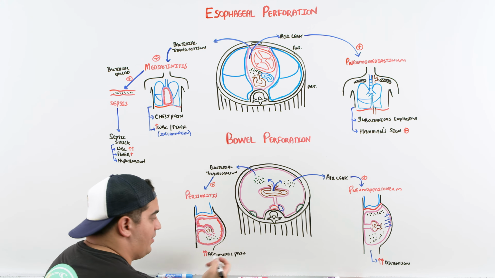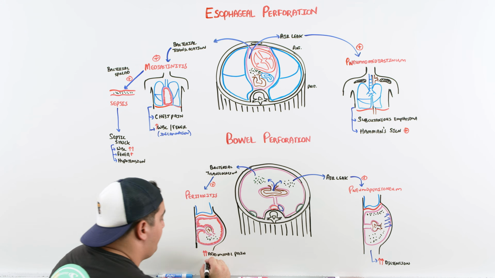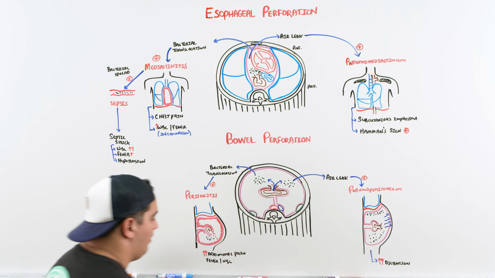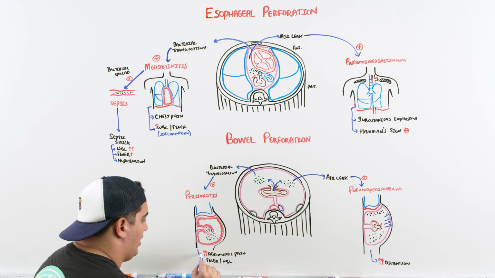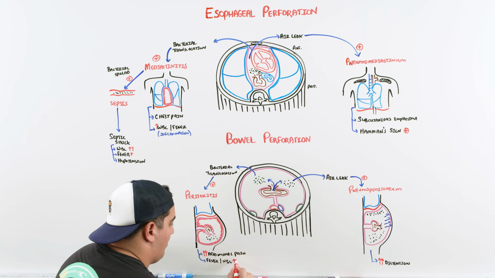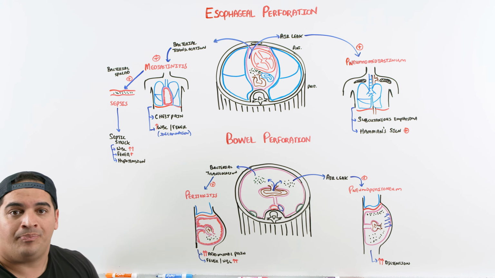They're also going to have features of systemic inflammation though. So they'll have fever and an increased white count, suggesting a leukocytosis, right? These are definitely things you'd want to think about for peritonitis.